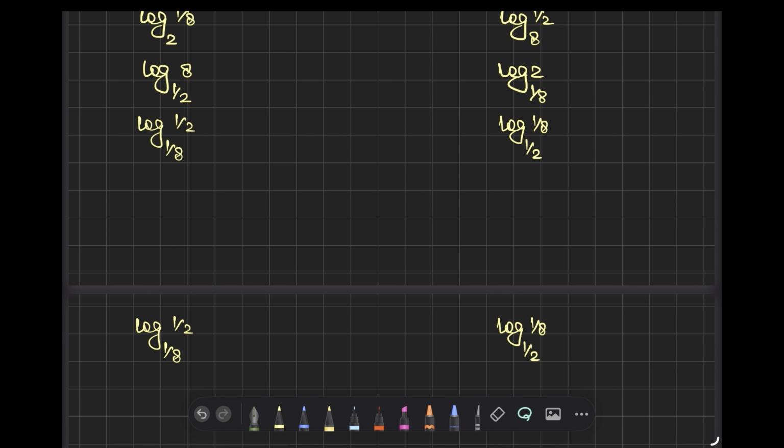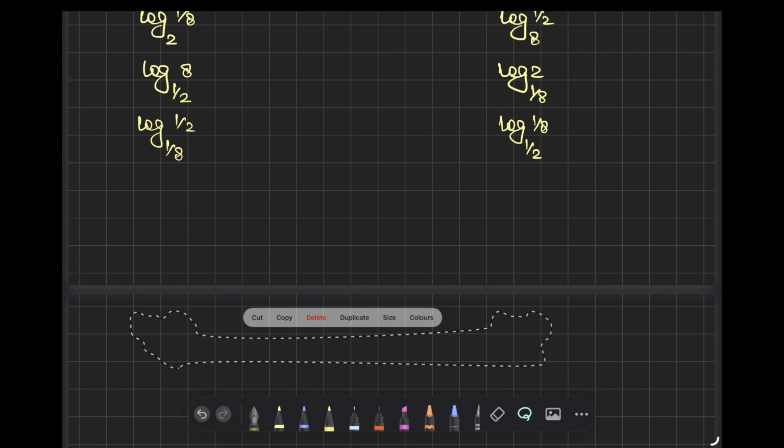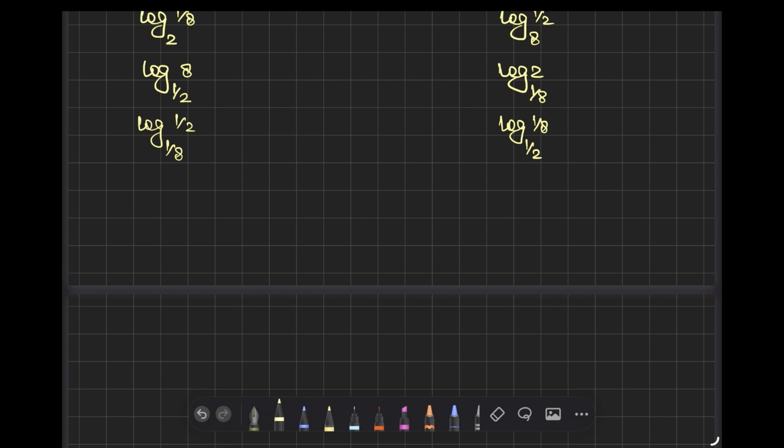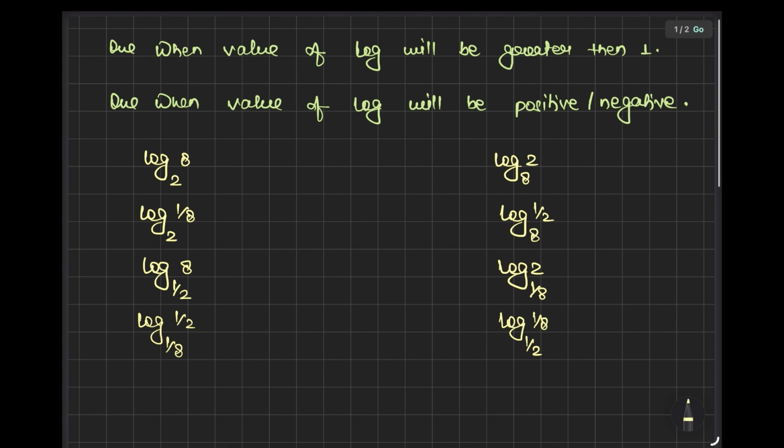Look at this. First we'll try to find out the value. You know that 8 will become 2 to the power 3, and if anything is in the power of the argument, it comes out as a coefficient, so it will become 3 times log 2 base 2, which is 1. Here 1 by 8 will become 2 to the power minus 3, so minus 3 will come.